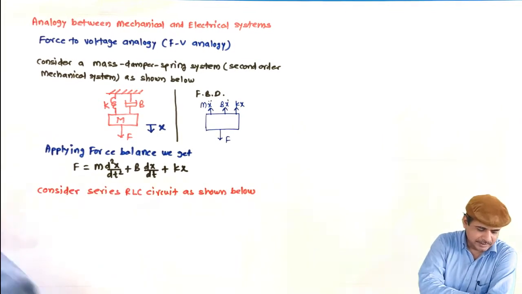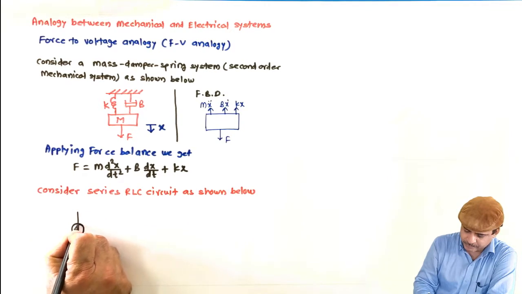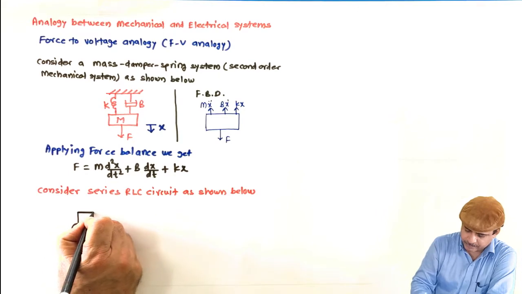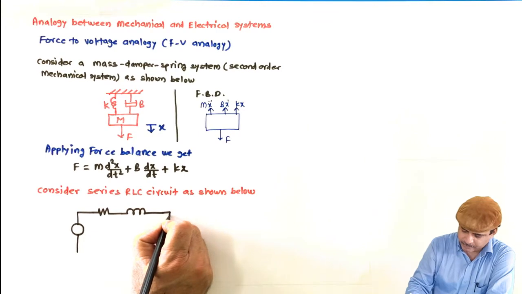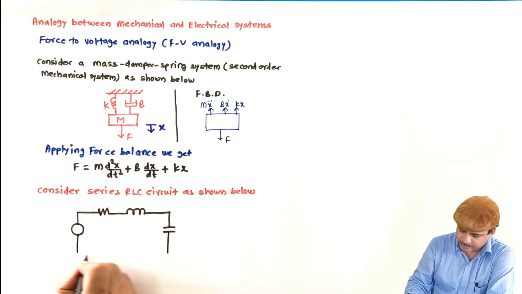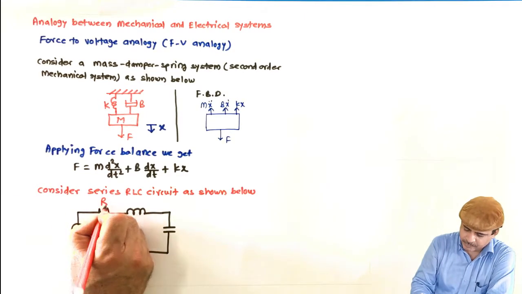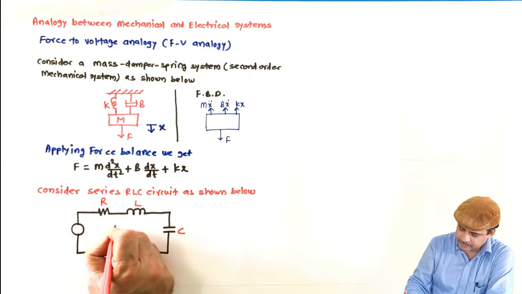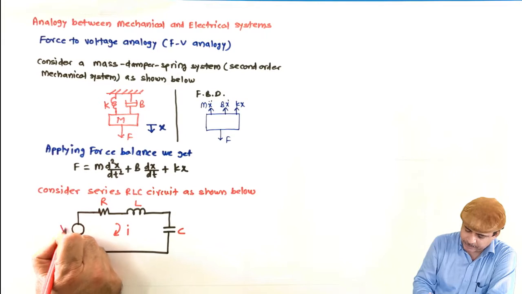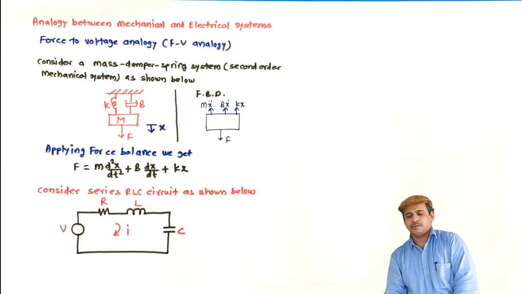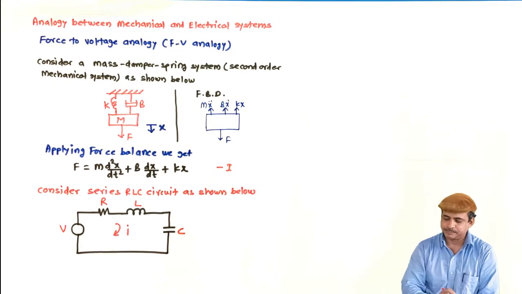So we will consider the circuit as R, L, C. Let the current flowing be I and the applied voltage be V. Let us mark this as equation 1.